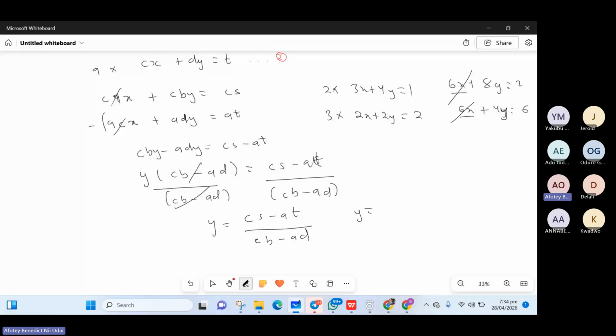So y is basically the determinant of cx at over cbad.